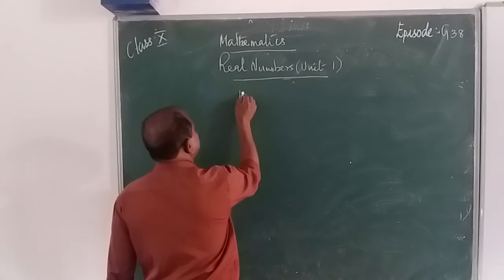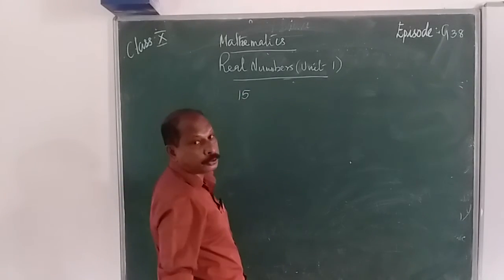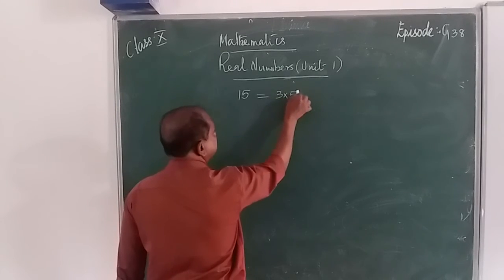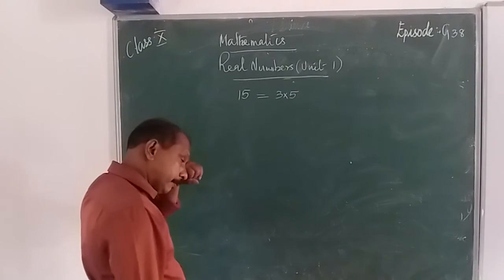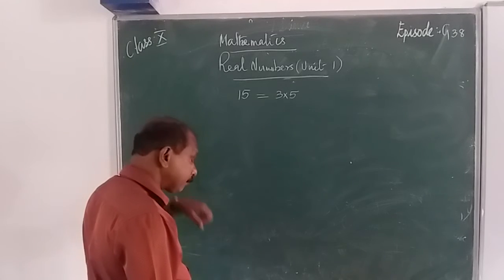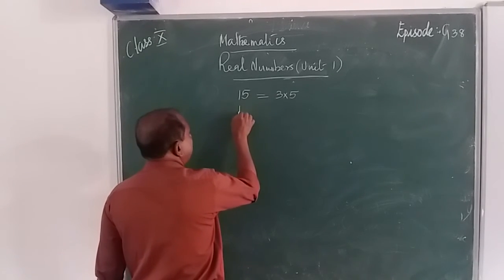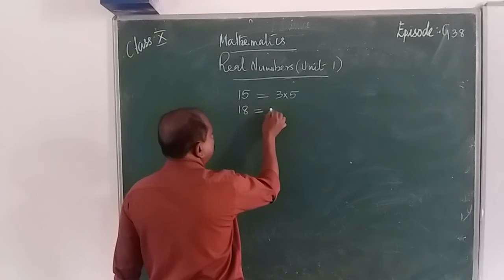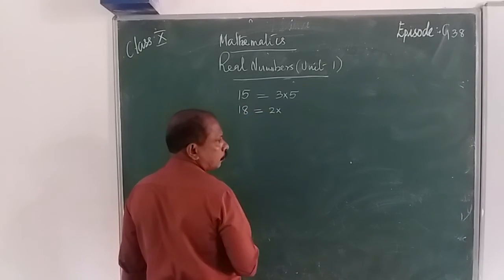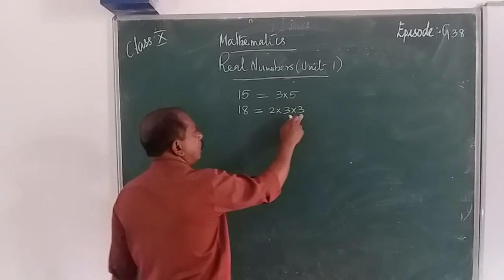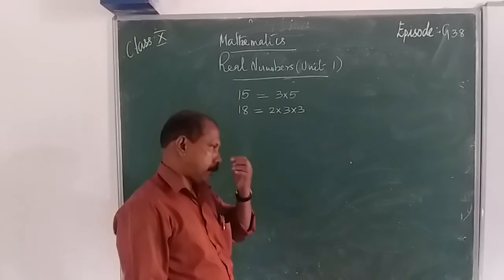We know that 50 is a composite number. Then 80 is equal to 2 into 3 into 3, that is 3 into 3, 9 into 2, it is 18.